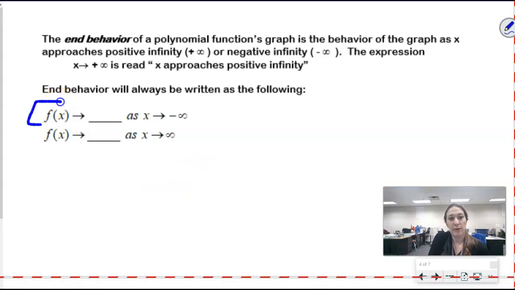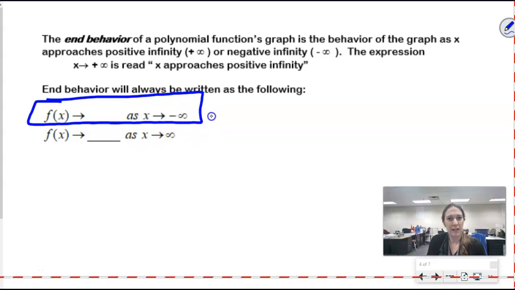The first row of end behavior here is one side of your end behavior. If I read this part here, it says, as x goes to, that's what that arrow means, approaches or goes to, negative infinity. That is a really fancy way of saying left side.